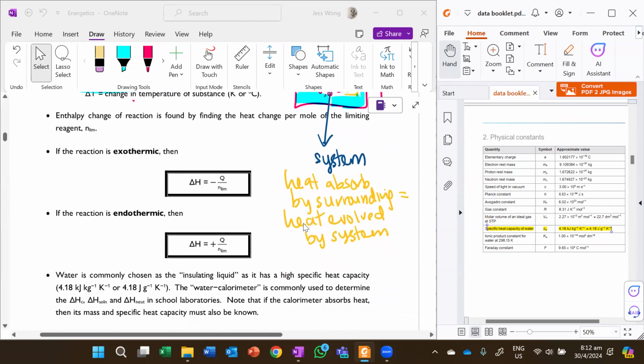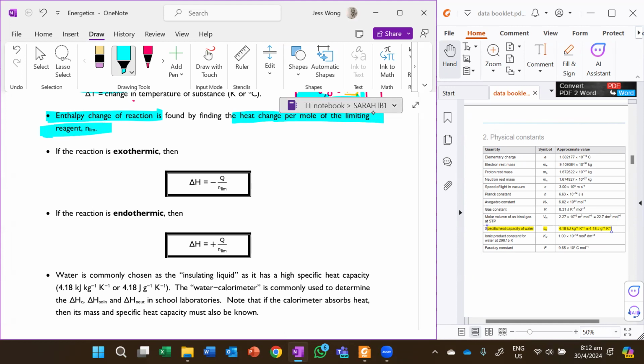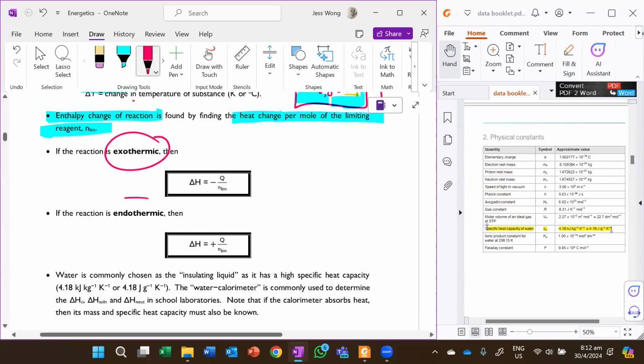Next, we will substitute our Q into the formula, delta H over limiting reagent, to find the enthalpy change of a reaction. To find the enthalpy change of a reaction, we usually divide the Q, or the heat change, by the number of moles of limiting reagent. Now, that's where the sign comes in. If the reaction is exothermic, you must put in negative.